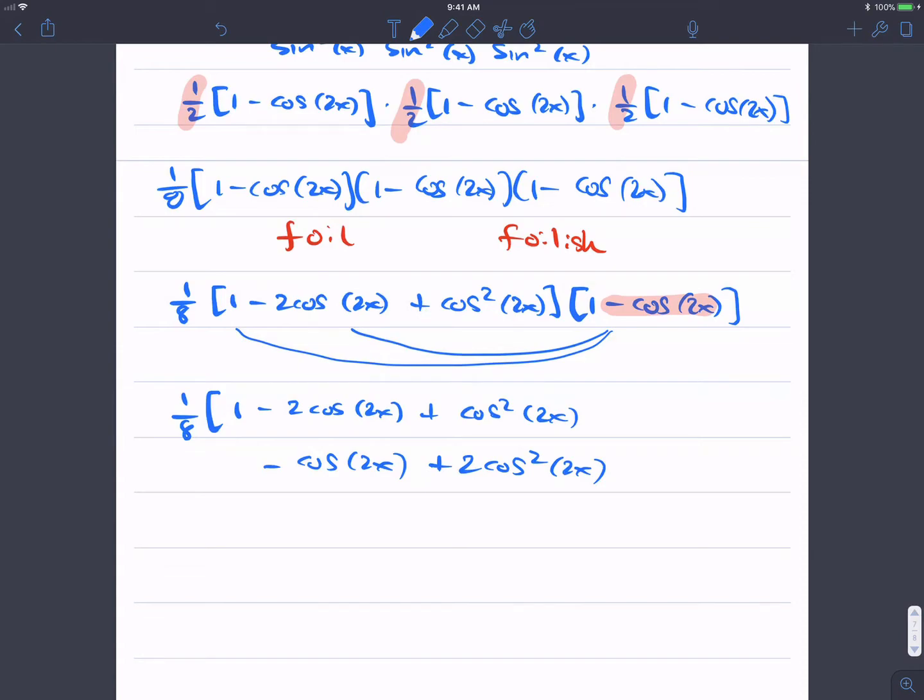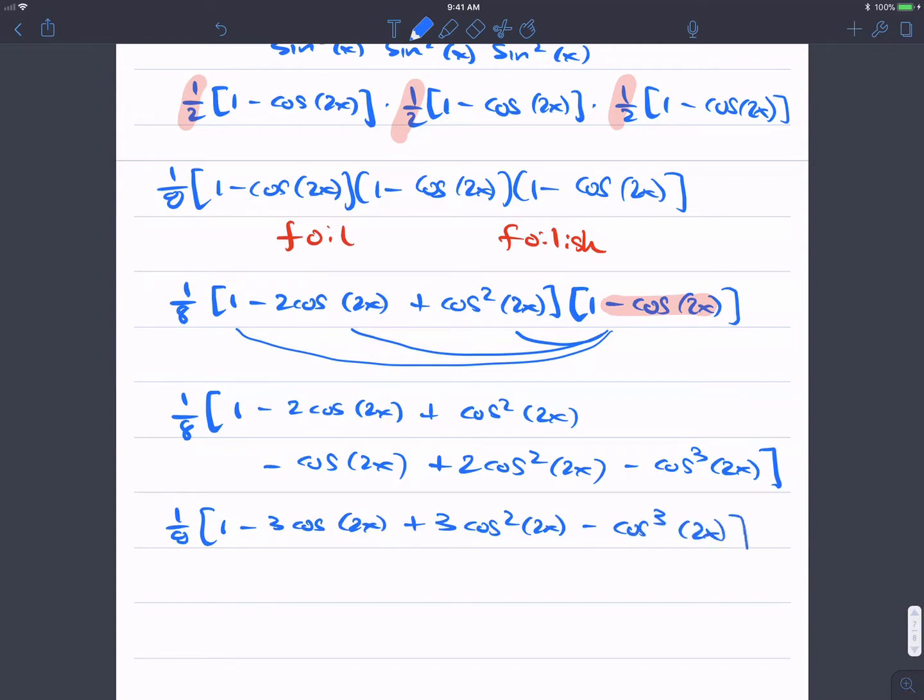Let's double check. And then negative times a positive gives me a minus cosine cube 2x here. So when I simplify this, I get 1/8 1 minus 3 cosine 2x plus 3 cosine squared 2x minus cosine cube 2x.